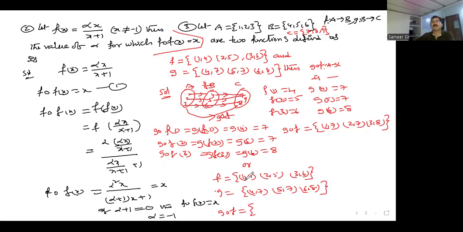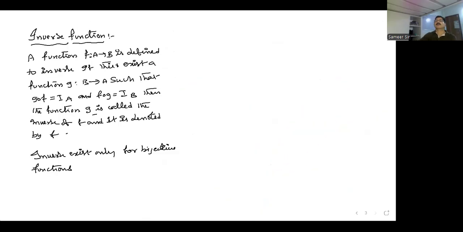You start from f: 1 to 4, 4 to 7, so 1 to 7. See that we got it. And 2 to 5, 5 to 7, that means 2 to 7. Then 3 to 6, 6 to 8, so 3 to 8. That's it. This is one of the easiest ways for g circle f. Okay, we'll move on to the next one.